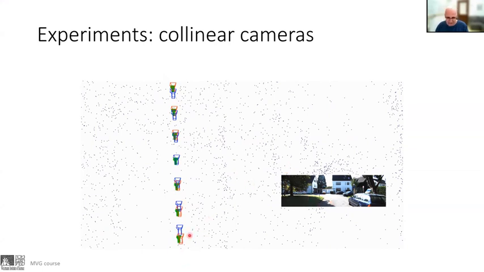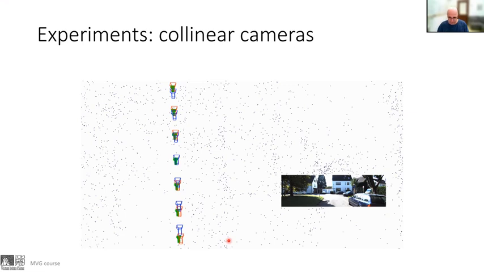The ground truth is green, ours is red, and the competing method is blue. Yes, it's LUD. This is the state of the art for averaging techniques. For incremental techniques, COLMAP is still slightly better, I think. But among averaging techniques, that's the state of the art.